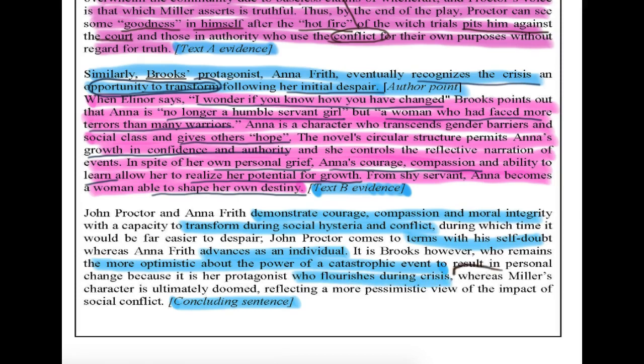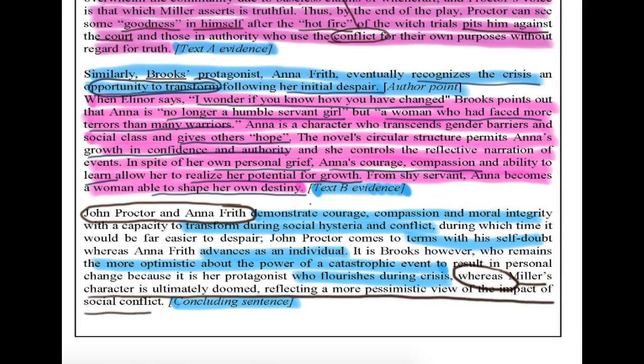So whereas, okay, so they both demonstrate courage here. So we've got a similar comparative there, but then we've got a contrasting view there. So there's a more pessimistic view from Miller. So that's how we would round out that body paragraph.